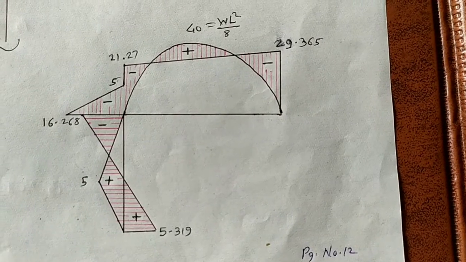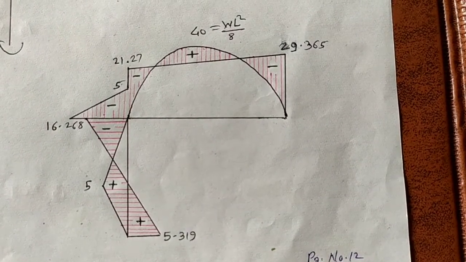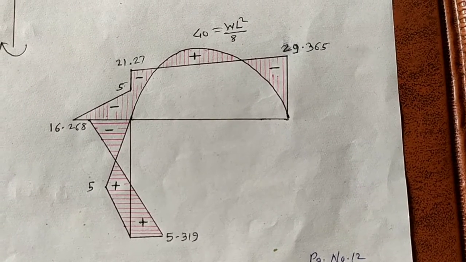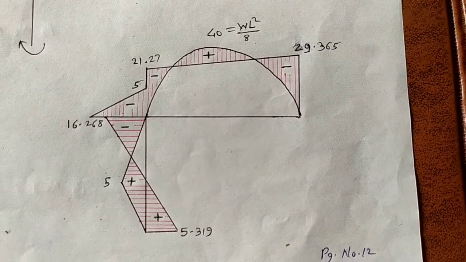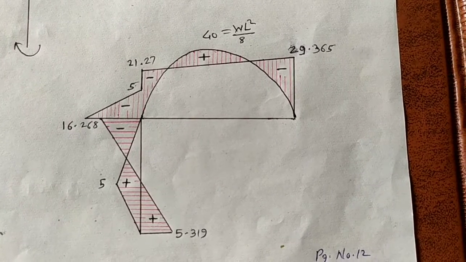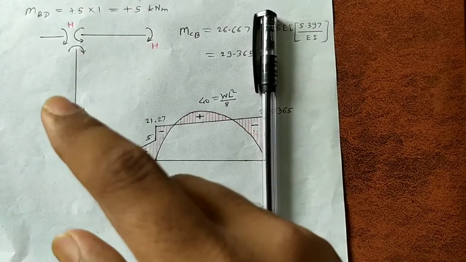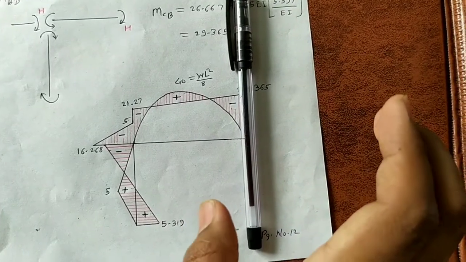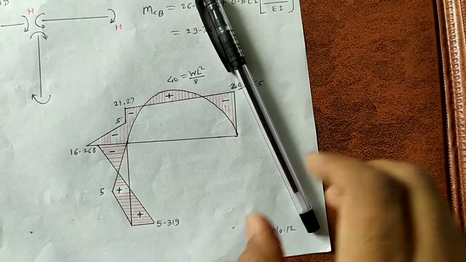Now draw the bending moment diagram. To draw this, first of all draw the free BMD and overlap the support BMD on that. Of course, drawing a bending moment diagram for a beam is easy, but to draw it for a column, I will give one trick. Here this is the moment MAB, a clockwise moment, so it is pushing on this side, so we are drawing the diagram on this side.